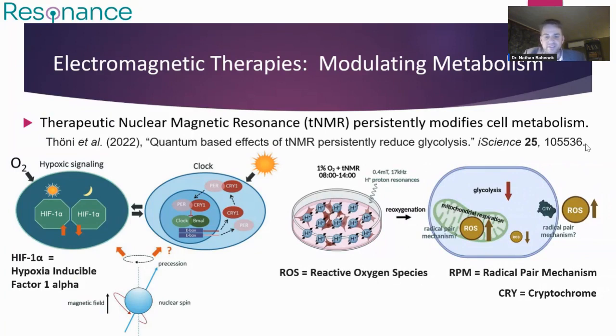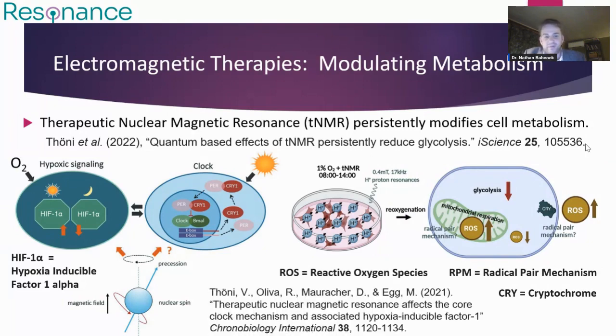Now, what is interesting is that these studies have shown that these kind of mechanisms can control the reactive oxygen species metabolism in the cell. And if cells are cultured under hypoxic, that is low oxygen conditions, in the presence of therapeutic NMR, that it can reduce glycolysis in the cell.